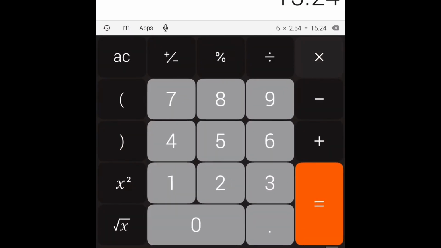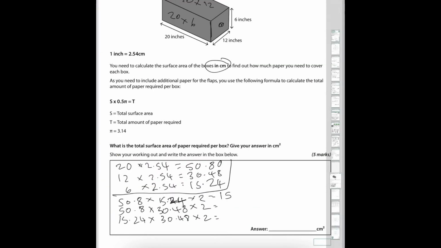So 50.8 times 15.24. We've got that one now ready. So times that by 2. That's 1548.38. We'll put the 4 on there as well, just give the full number. We can always round later.